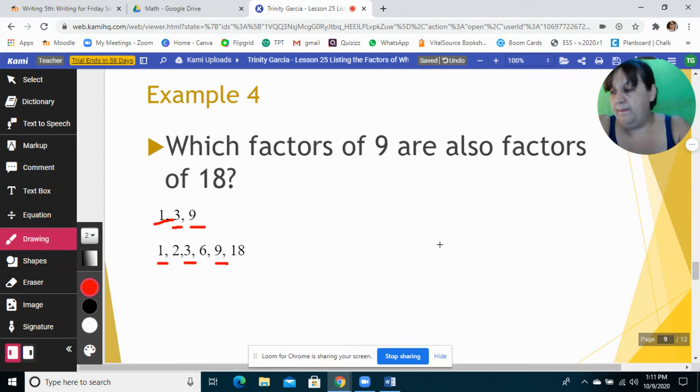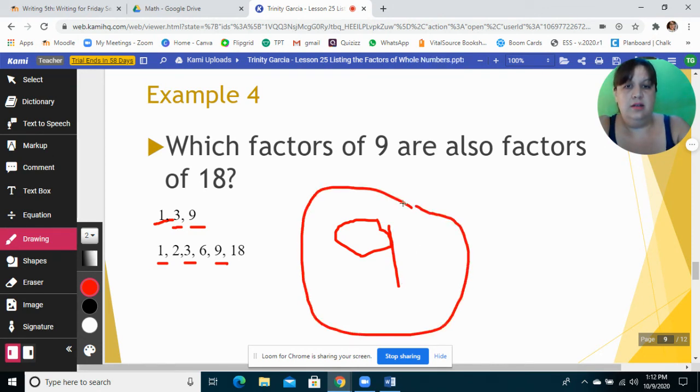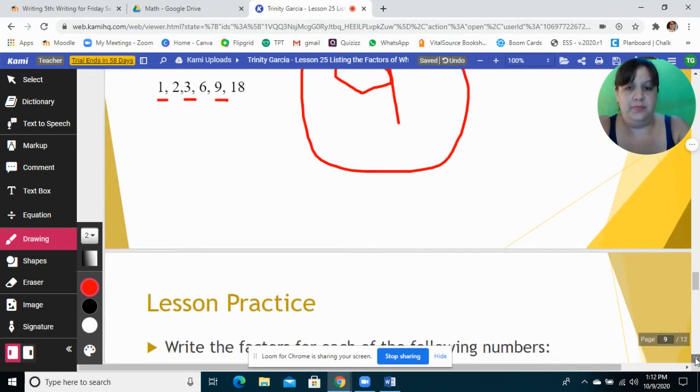Now, what is the greatest common factor of 9 and 18? What's the greatest common factor that they both have in common? The 9, right? That's the greatest common factor. They both share the number 9. All right, good job. Moving on.